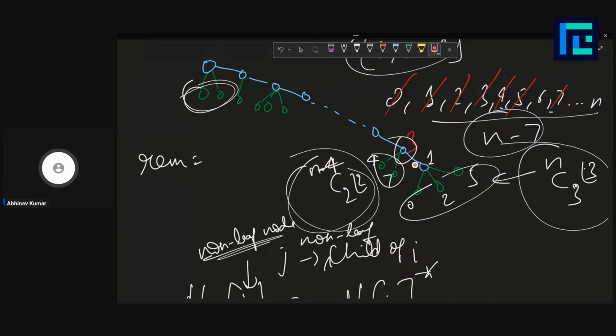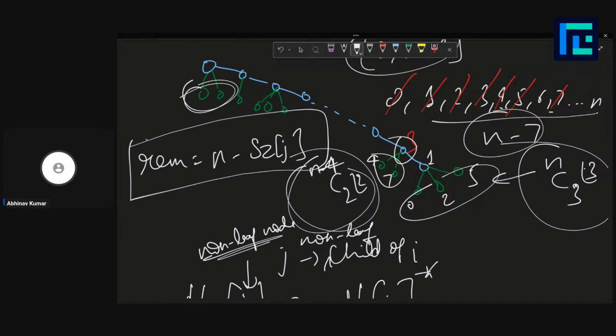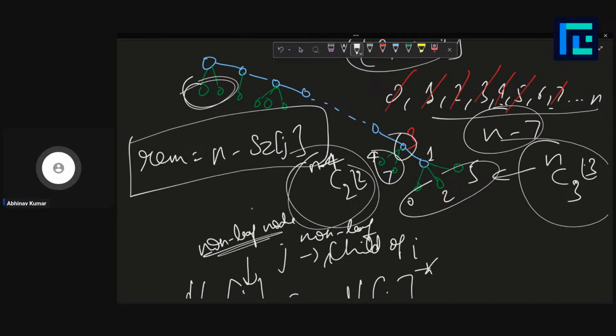Why was it -4? Because the number of nodes in this subtree was 4, so 4 values were removed from n. So remaining is n minus the subtree size of j. Whatever is n minus subtree size of j, that we can say is the number of nodes remaining.